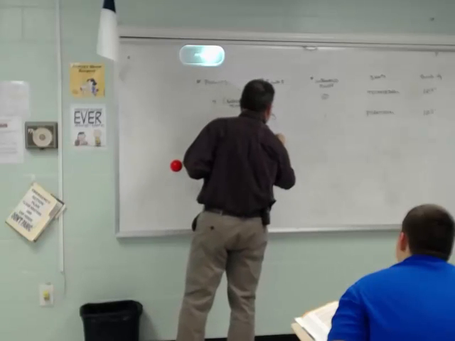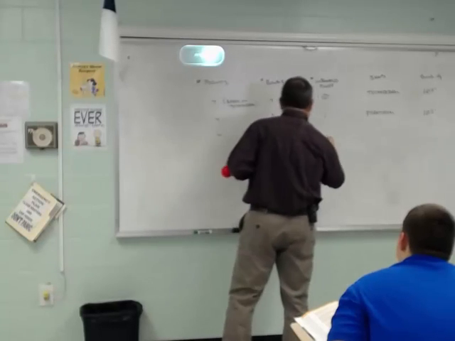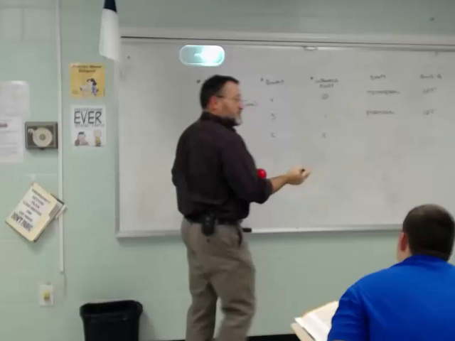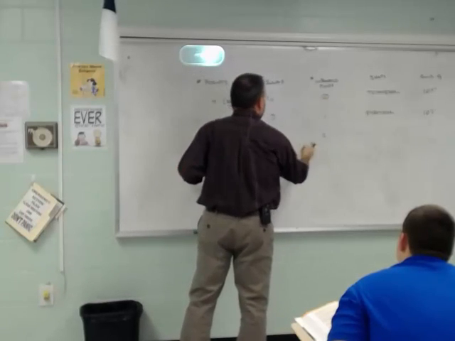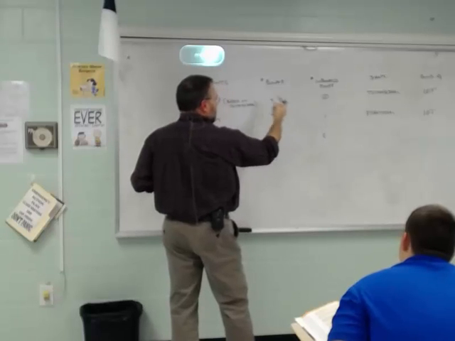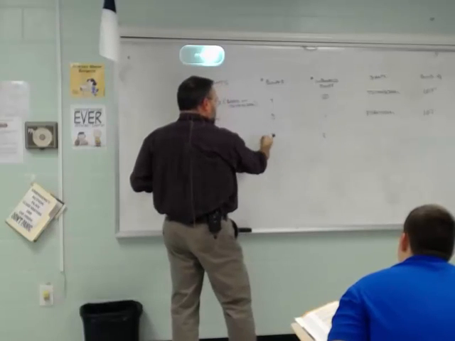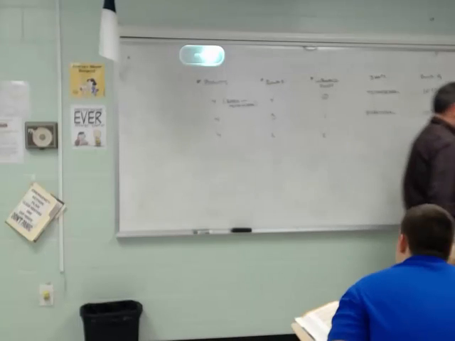If we have 4 points of connection and only 2 bonds, that means we're going to have 2 unbonded pairs, because you're going to note that if there's 4 points, the sum of these two has to equal 4. 4 bonds with no unbonded, 3 bonds with 1 unbonded, 2 bonds with 2 unbonded.